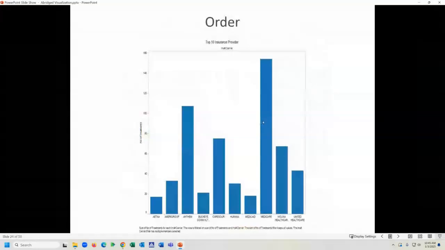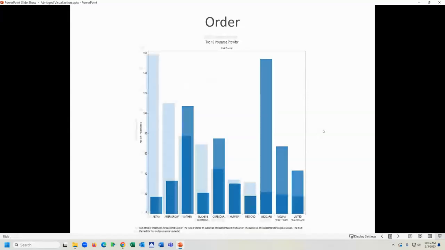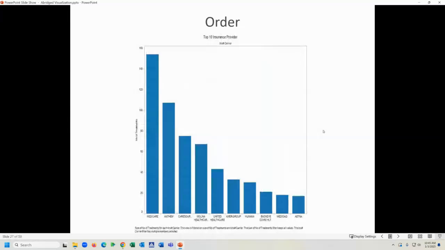Ordering is another pre-attentive attribute. Our mind automatically can interpret orders. So here's a number of treatments paid for by different insurers, medical insurers. And there are different amounts here, but again, this is an example where if you order it, much more useful information.